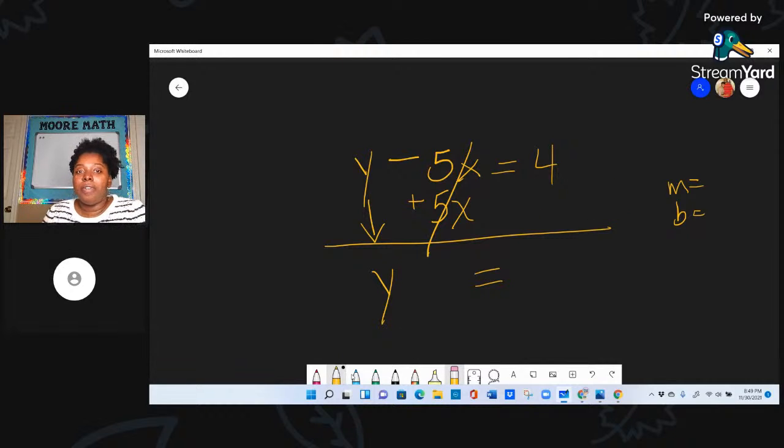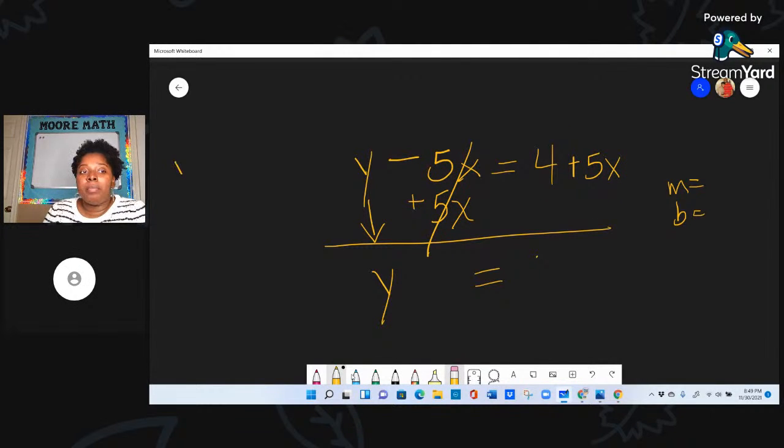Hold on. So if I add 5x to the left, I'm just going to write it right next to it. Okay. So how do I write this? Y equals 9x. Can I do 4 plus 5x? I mean, no. No. Okay.